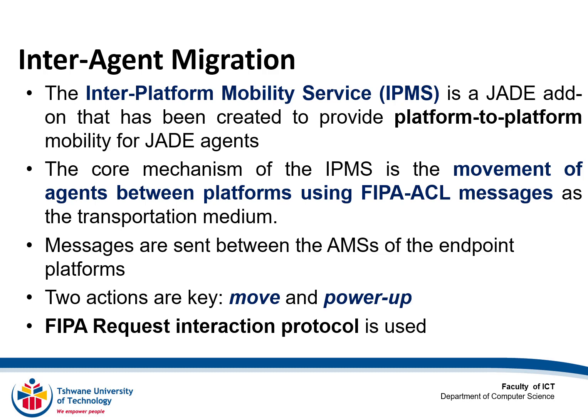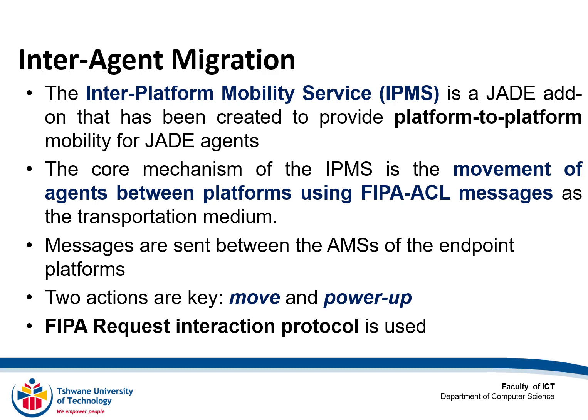The core mechanism of the inter-platform mobility service is the movement of agents between platforms using FIPA ACL messages as the transportation medium. Messages get sent between the agent management systems of the endpoint platforms, because remember, agents are managed by the agent management systems.